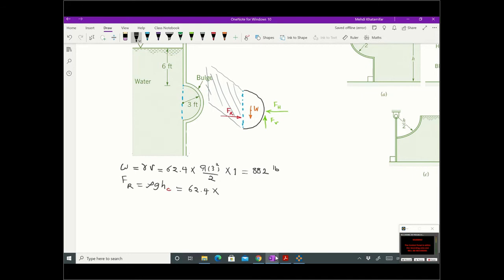So it is going to be this distance, which is 6 feet plus 3.